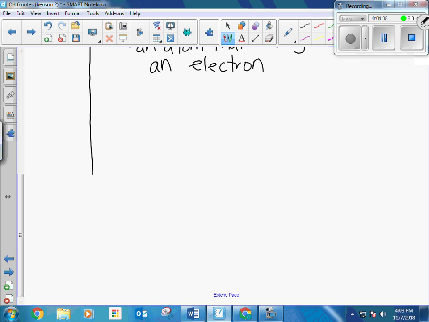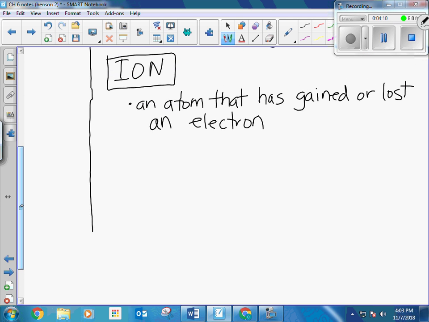And because electrons are negative, then the element is going to become charged. So there's two ways that we classify ions, and the first one is called a cation.